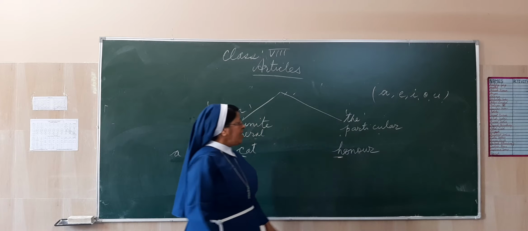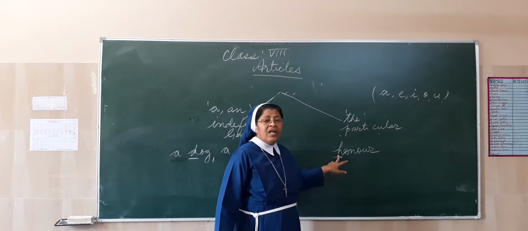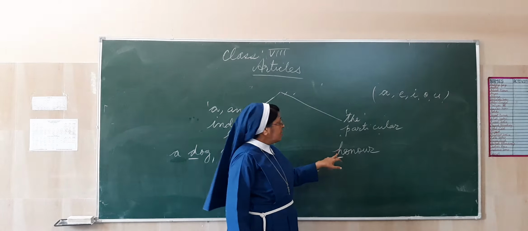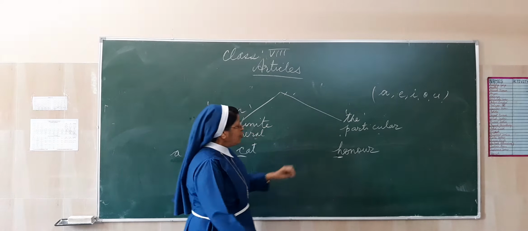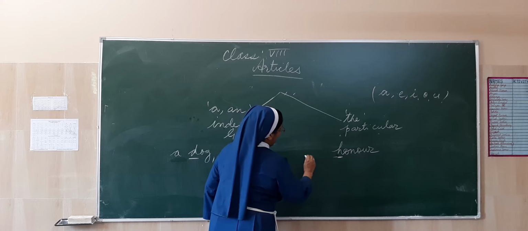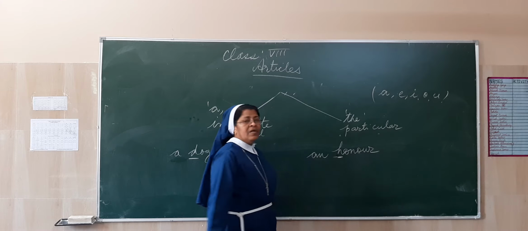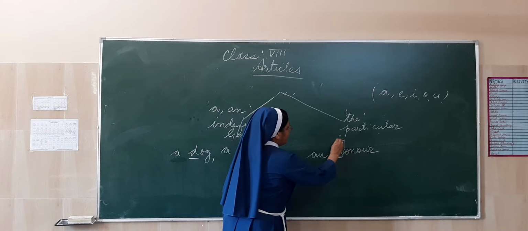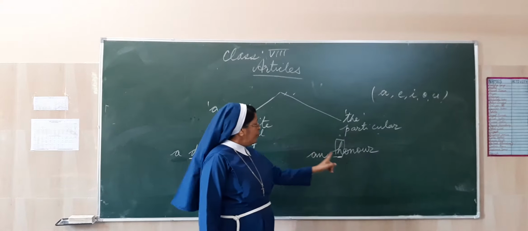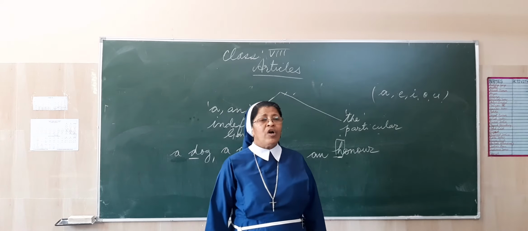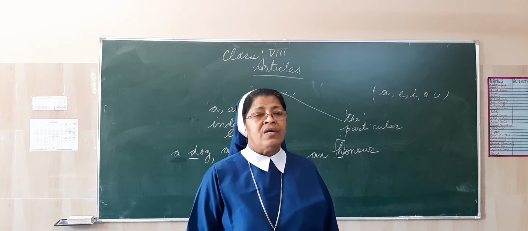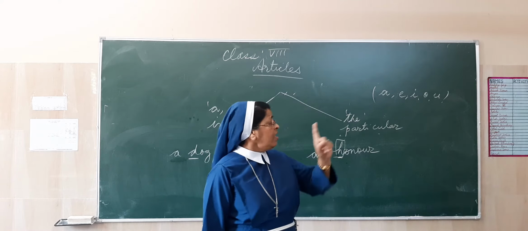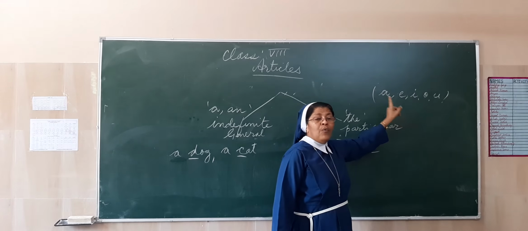Now here you may say, sister, this is not a vowel, here it is written H. Then why do you write an honor? Because here H is silent. When you pronounce this word, you don't say honor with an H, you say onor. So O is the vowel sound it is getting.